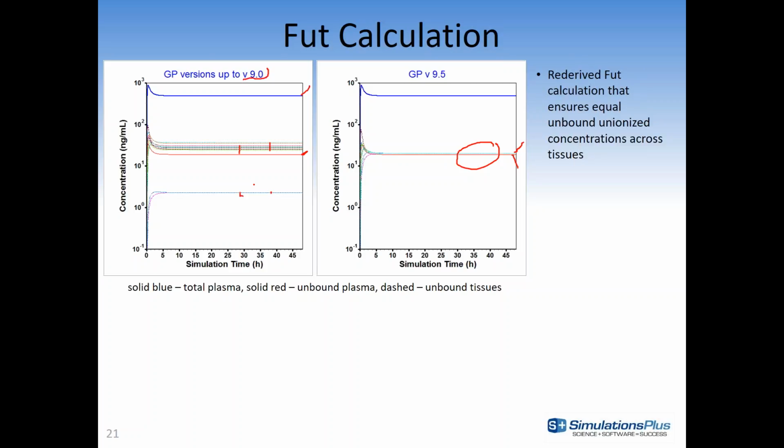For permeability-limited tissues, there might be effects on the distribution, but for perfusion-limited tissues the distribution will not be affected by this change. For perfusion-limited tissues, this change would be affecting only the eliminating organ, and even that not necessarily in all cases.